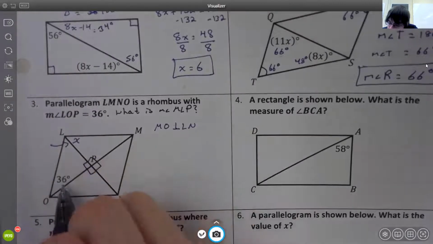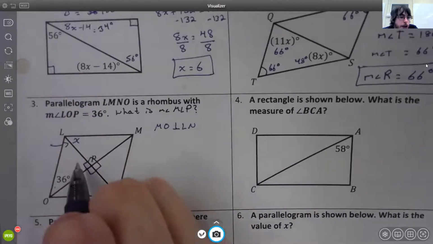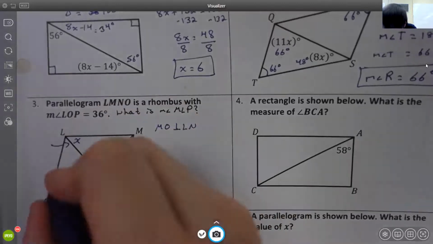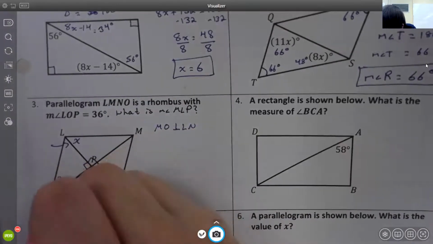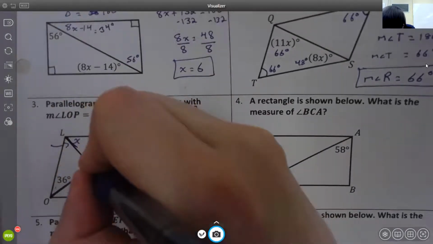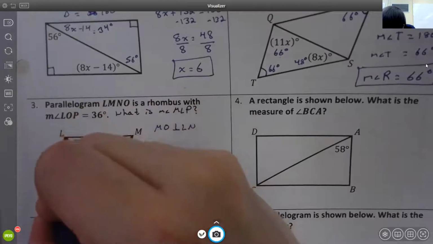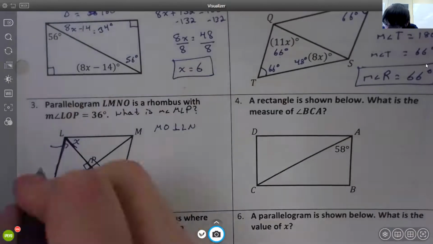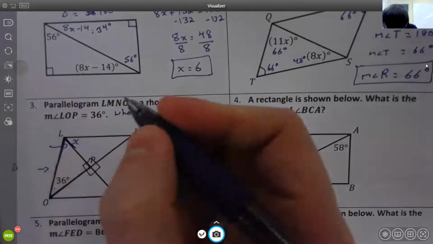Well, we know that this angle here is 36 degrees, and we know this angle here is 90. So if we outline this shape, what shape do you see? You should see that there is a triangle there. You have triangle LOP.